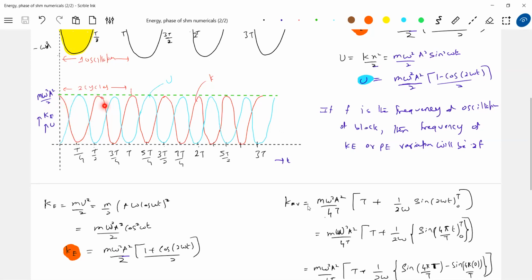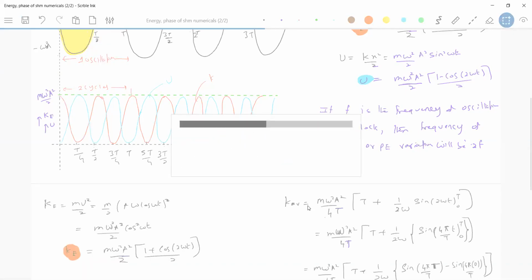It will vary like this, no? So what is the average value of this red color line? It should be half of it, m omega square A square by 4. If you have some common sense, why integrate and do so much mathematics just to exhibit that I am very good in mathematics? If you have good common sense, that is enough, no?